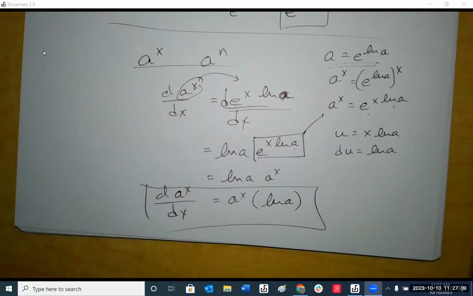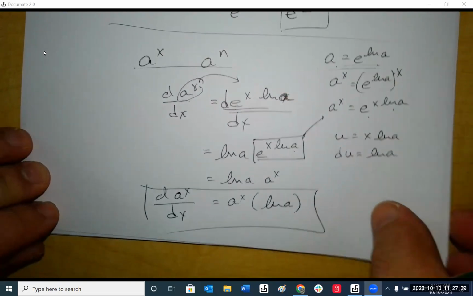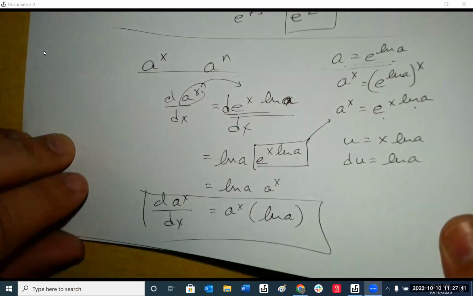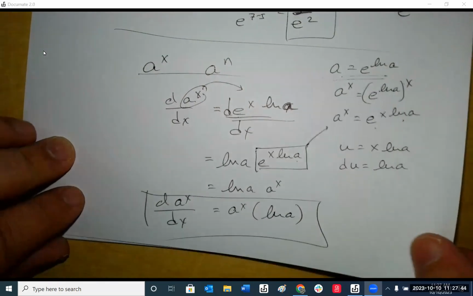That is the general derivative. So that's the derivative of any base a to the power x.